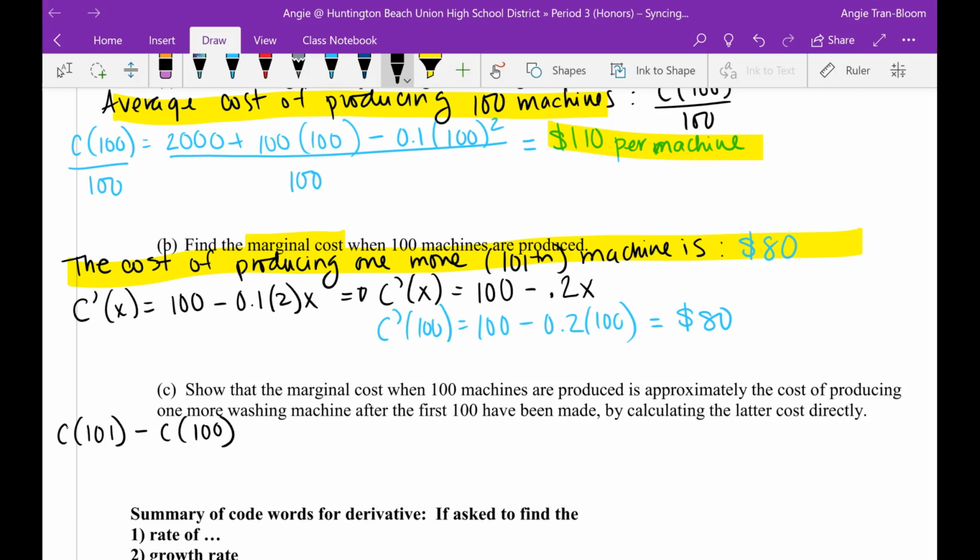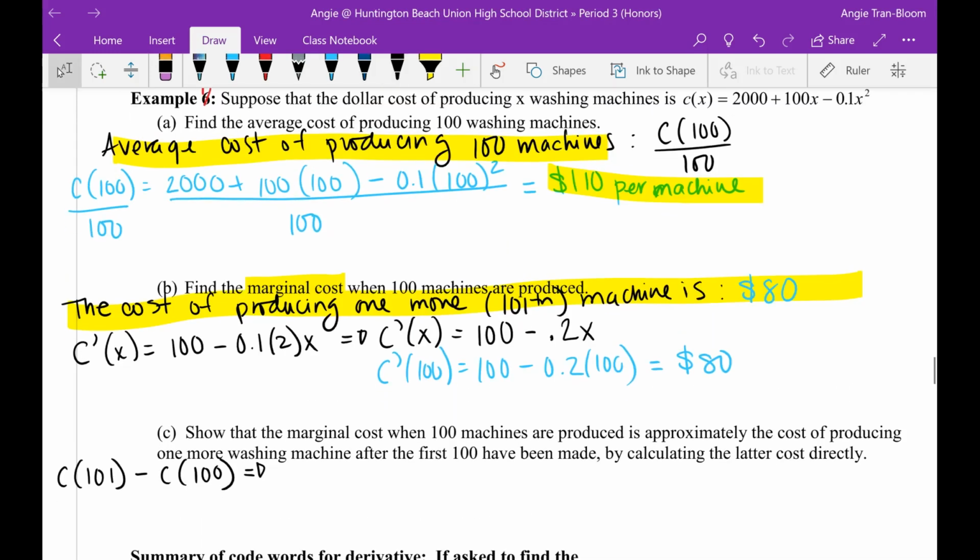So here is what we're going to do. We're going to do the basic math slowly. Let's plug in the equation: 2000 plus 100 times 101 minus 0.1 times 101 squared. That's just one part, when we are producing 101 machines.